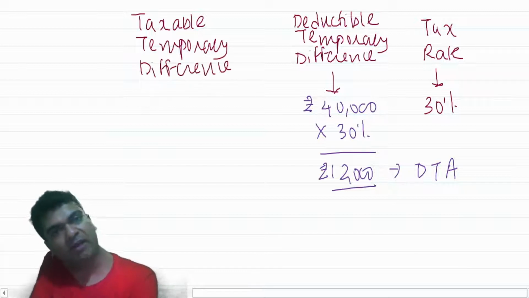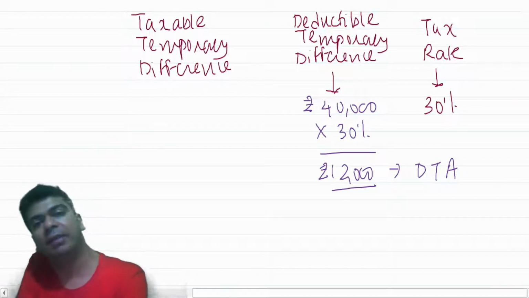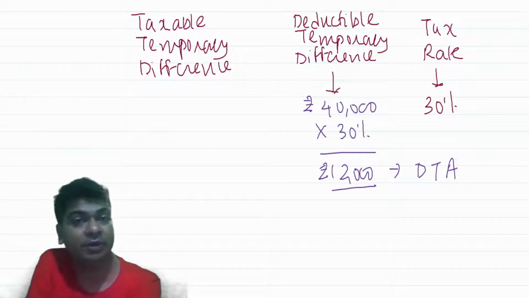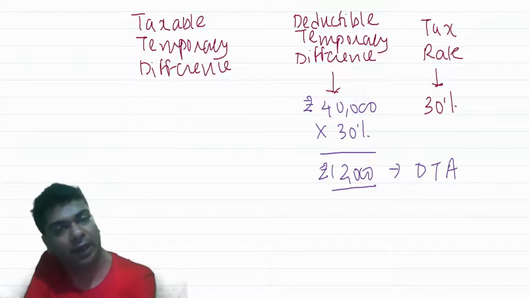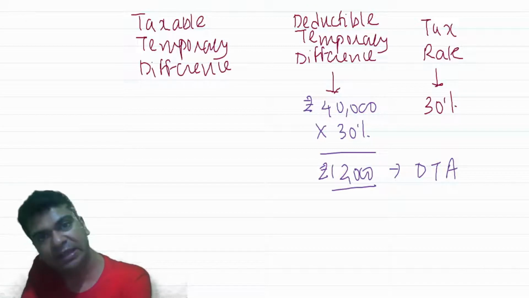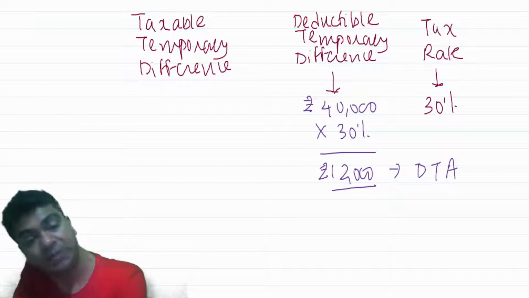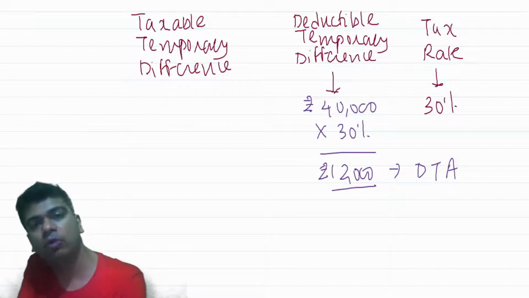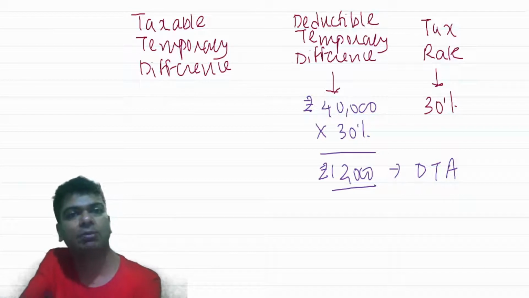They are saying that you can recognize DTA to the extent of sufficient taxable temporary difference. Why taxable temporary difference? Because taxable temporary difference is a difference which will result into higher taxable profits in future. Now, when there will be higher taxable profit in future, I'll have to pay higher amount of tax. And when I will have to pay higher amount of tax, with the help of deductible temporary difference, I will save that much of tax.